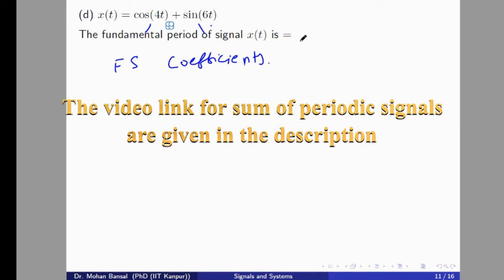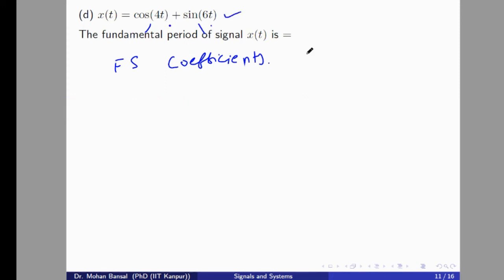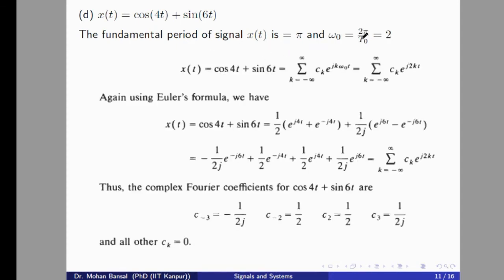So for cos 4t and sin 6t, if you compute the fundamental period of the sum of these two terms, we will get pi. The fundamental period of the signal x(t) is pi, and omega naught is 2 pi by T naught, which will be 2. You can watch the video for the sum of periodic signals. x(t) equal to cos 4t plus sin 6t.